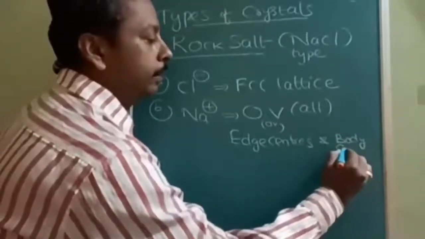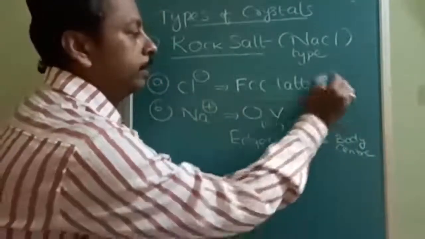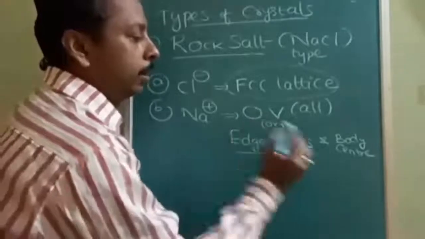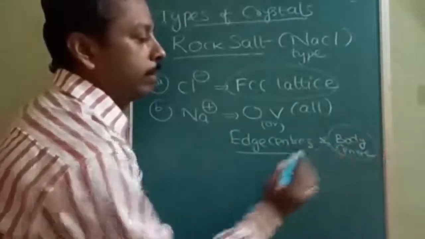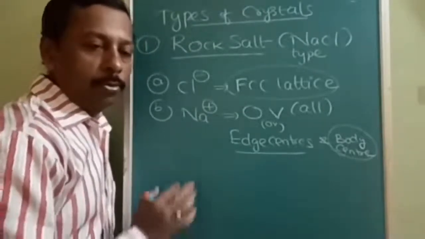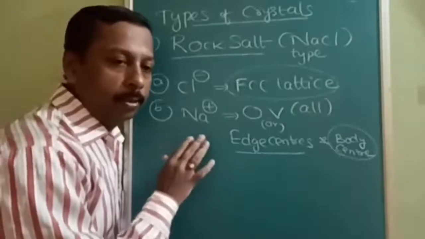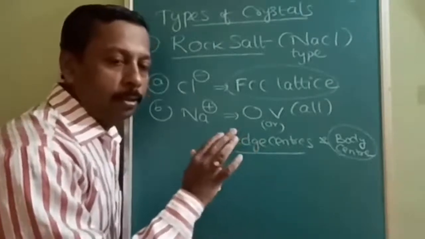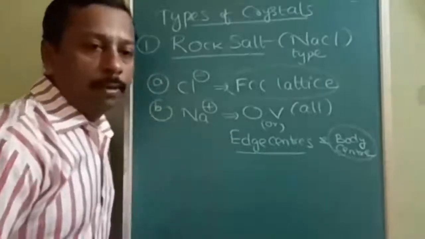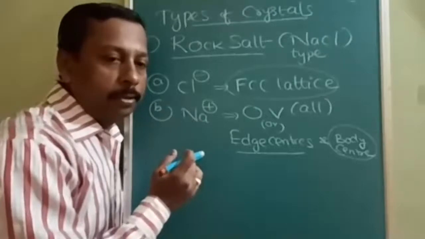So in FCC, you will remember the locations. In the FCC lattice, edge centers act as octahedral voids, and the body center also acts as an octahedral void. Is it understood? Only these 2 points you will remember. All the rest is derived from this. Once you are perfect with the procedure, it will be easy for you to derive all the information in other types of structures also.